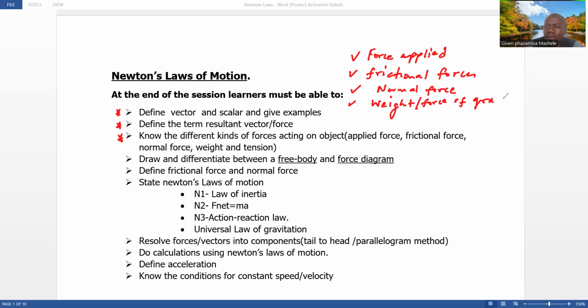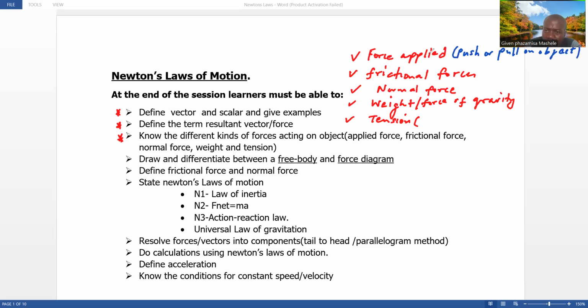But I strongly believe you know this. Then lastly, we have tension. Let me start with the force applied. A force applied is just a pull or a push on an object. So we're either pulling or pushing an object.